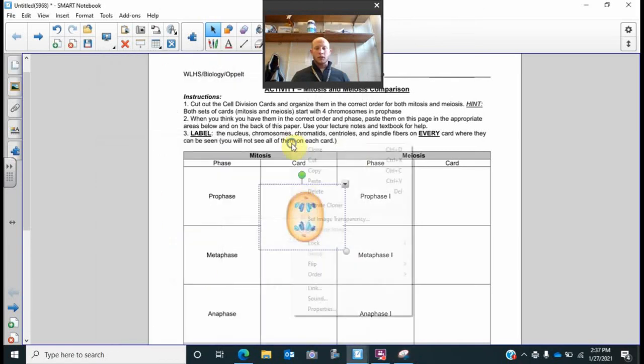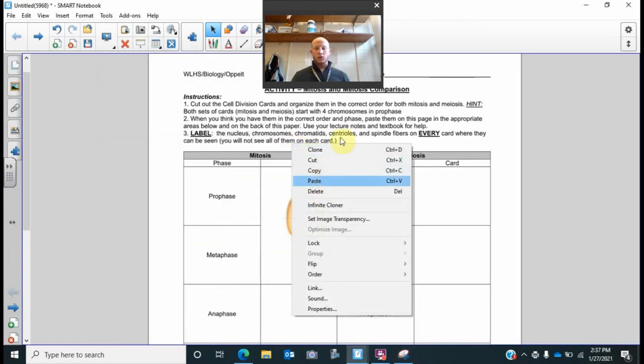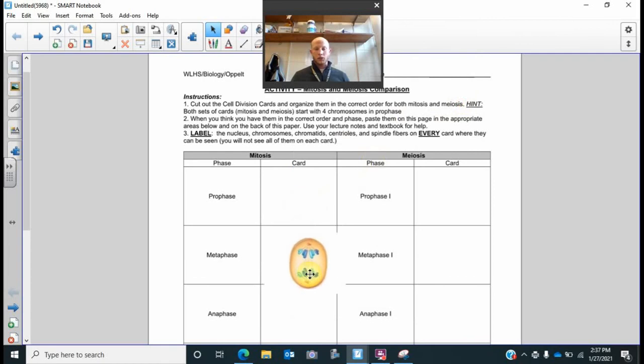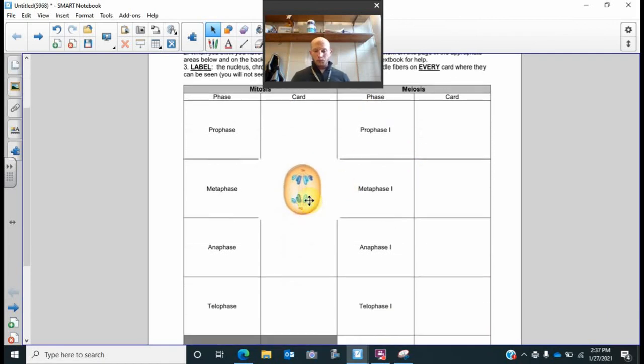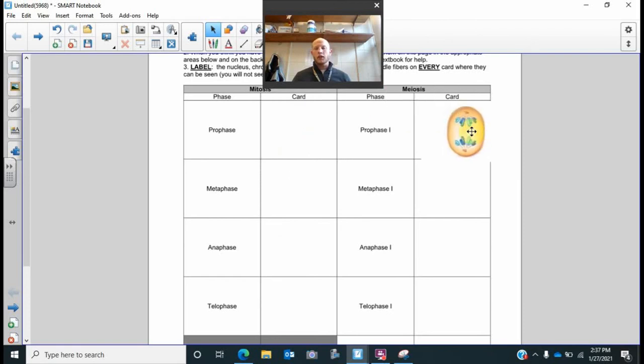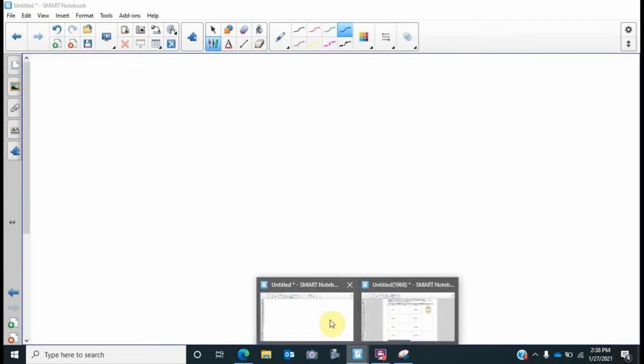And then what I did is I right-click, and I do paste, and then wham, bam, he shows up right here. And so here I see one cell, right? So both mitosis and meiosis start out with 1 cell. However, this is not the beginning, right? There's 4 sets of chromosomes, but we don't see our homologous pairs, do we? No.